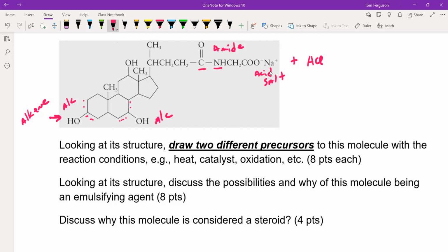So this is a steroid. The basic steroid structure.